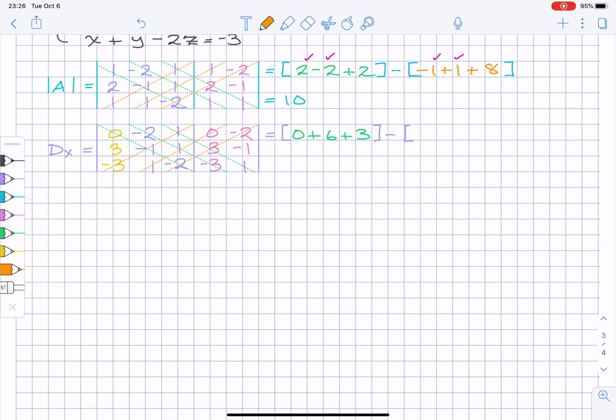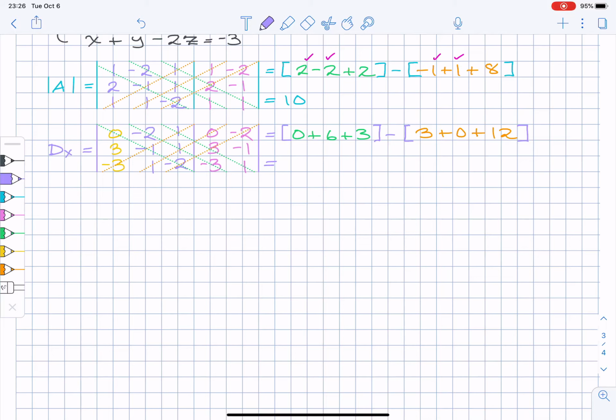Which is going to be 3 plus 0 plus 12. So I claim we get 9 minus 15.